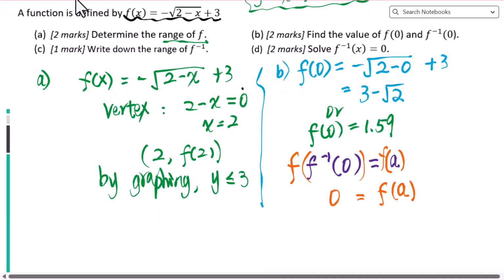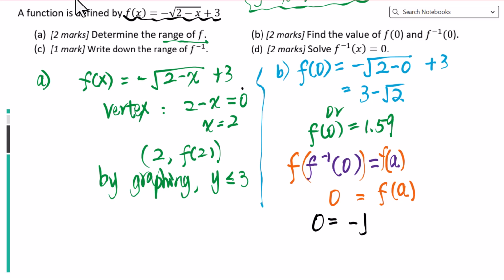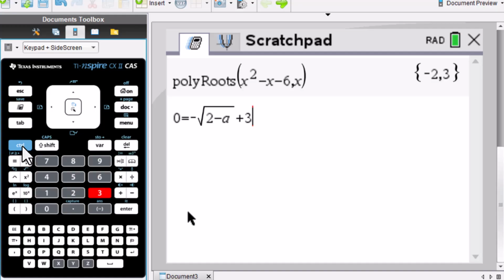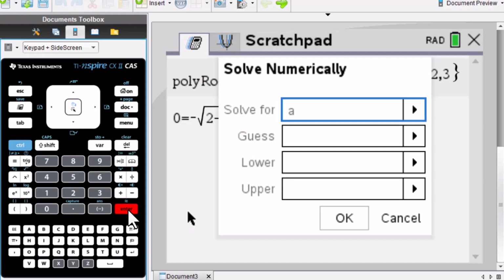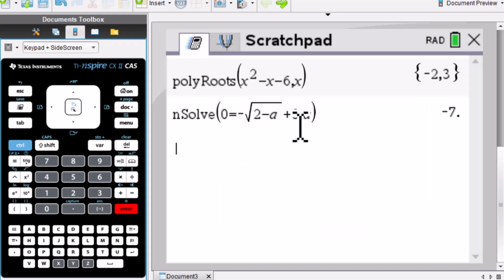F of a, we will change every single x into a. We got 0 equals negative square root 2 minus a plus 3. Let's go to equation solver. We type this equation into calculator, control menu, enter, enter, enter. We got a equals negative 7.